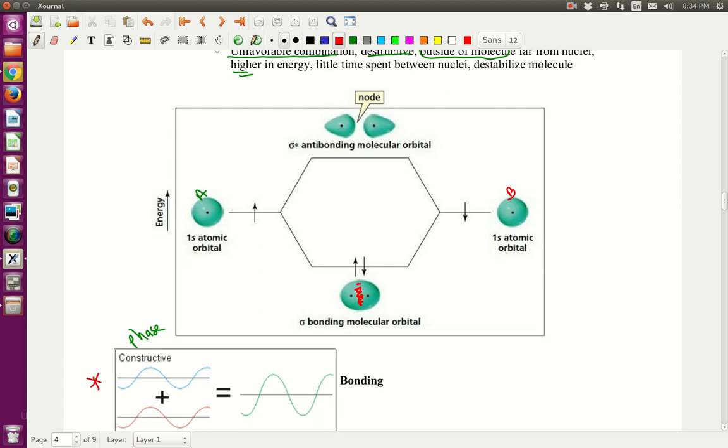And so this is where the negatives are, and these are where the positives are. And so positives and negatives are attracting, and so that's pulling each other together. Remember, opposites attract. So if you put the negatives in the middle and the positives on the outside, they're going to be attracted to each other. And so that's going to pull them closer together to make this molecule.